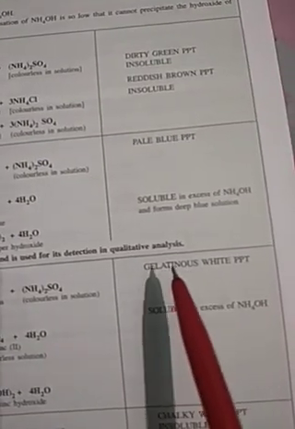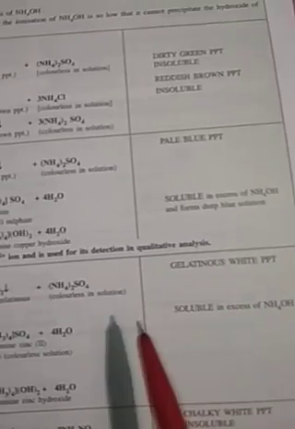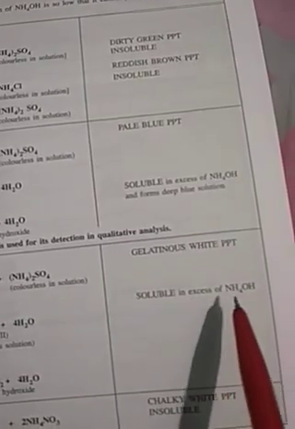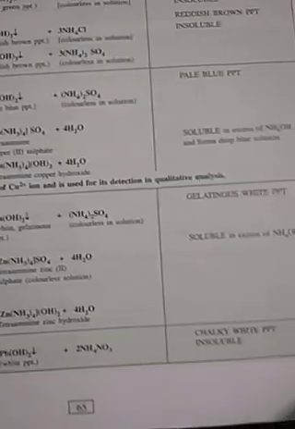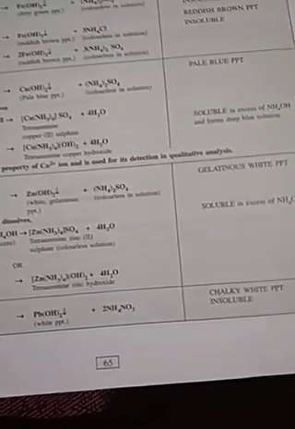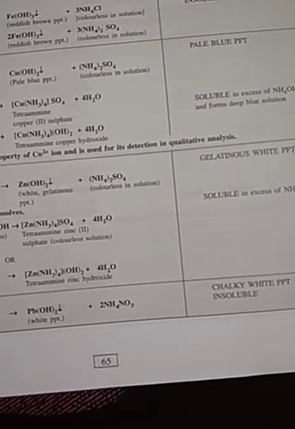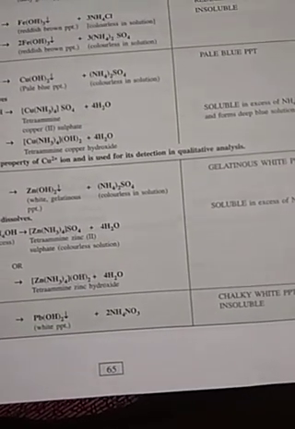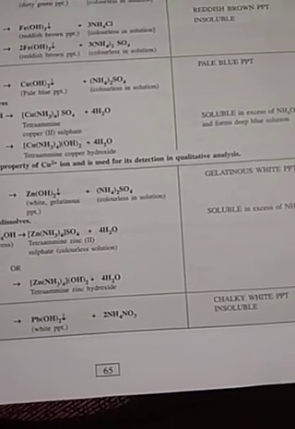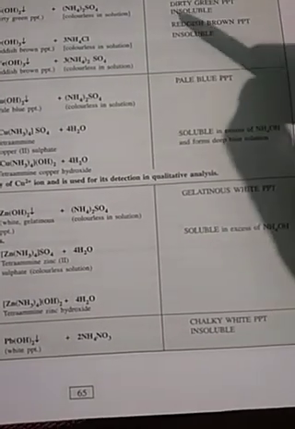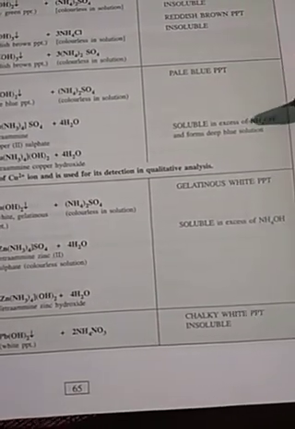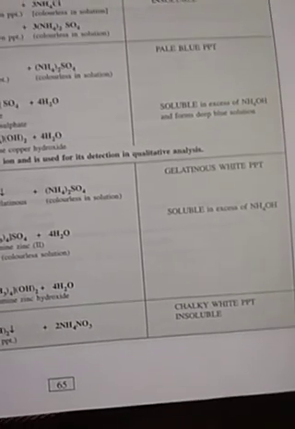Zinc forms a gelatinous white precipitate which is soluble in excess of ammonium hydroxide. What is gelatinous? We use glitter pens, blue, black, white, and when we write something on the page, some shining colors appear. That is called your gelatinous color.